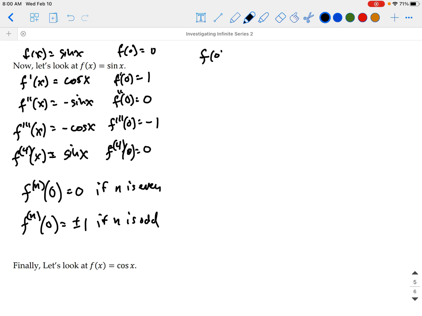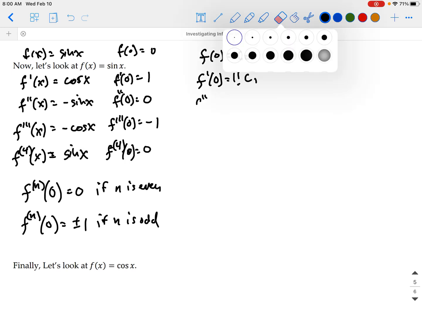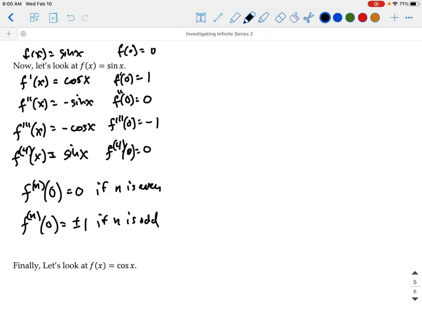So then let's go ahead and take a look at those values. So we've got f of 0 is c sub 0. F prime of 0 is going to be 1 factorial c sub 1. And note we actually don't need the even ones. We only need the odd derivatives. And let's note, again, we're talking about this infinite polynomial.